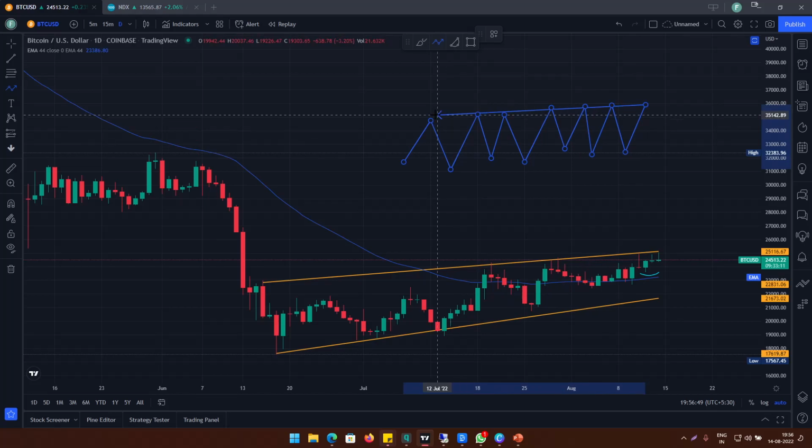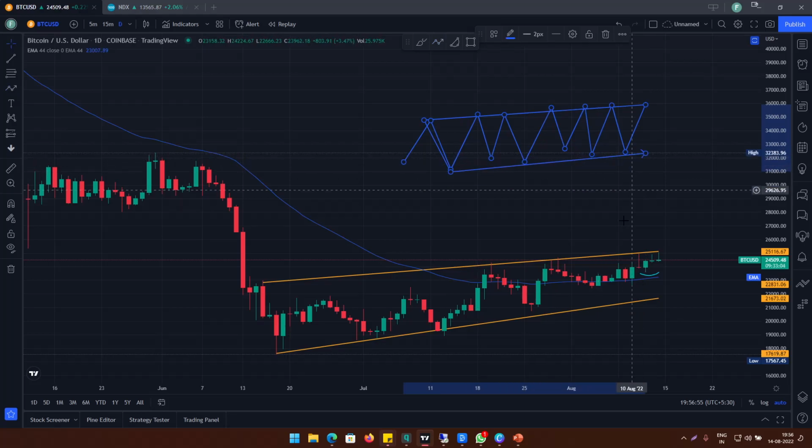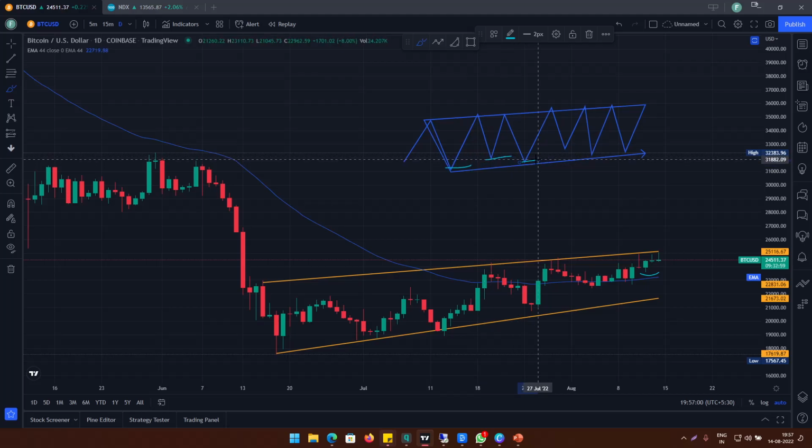The whole world knows this is the prime resistance and this is the support. If you place your stop losses exactly near the supports, let's say you are a seller, it's going to touch it and go back again. Or if you are a buyer placing your stop losses here, it's going to touch and come back again. That's why I'm telling you, use the latest swing points to place your SLs.